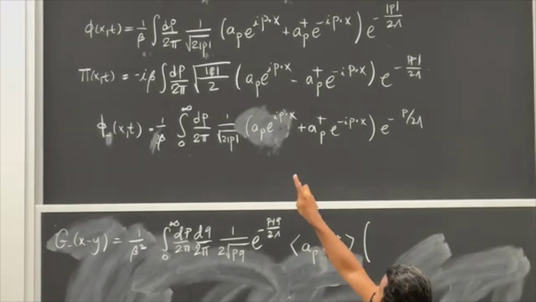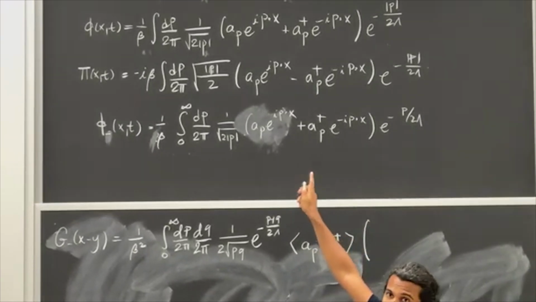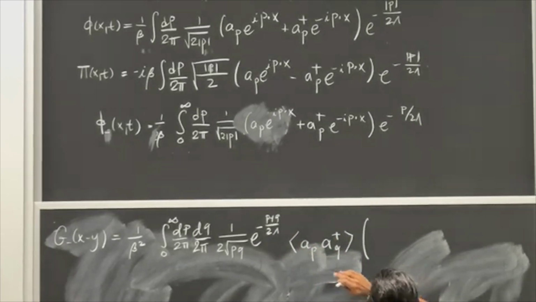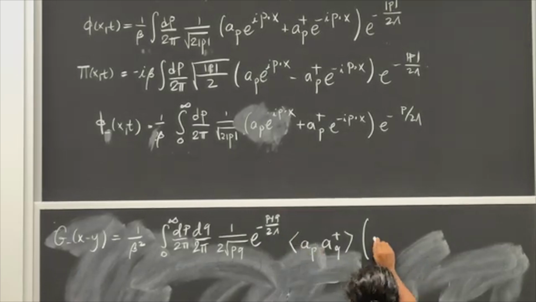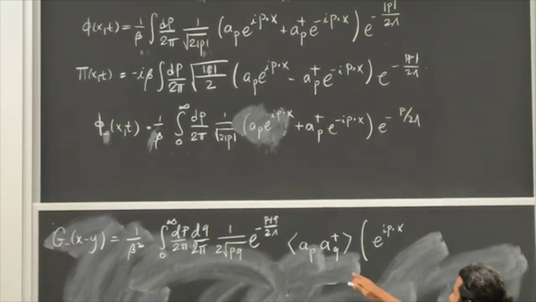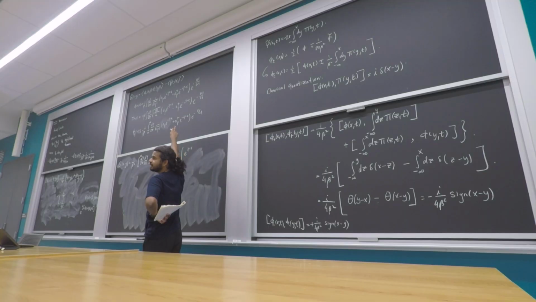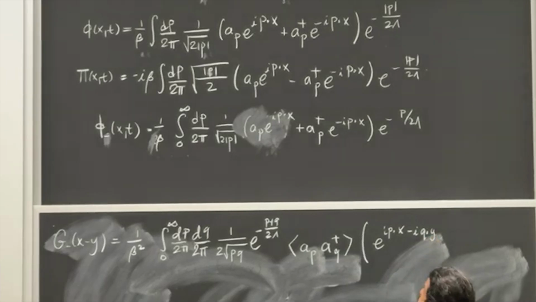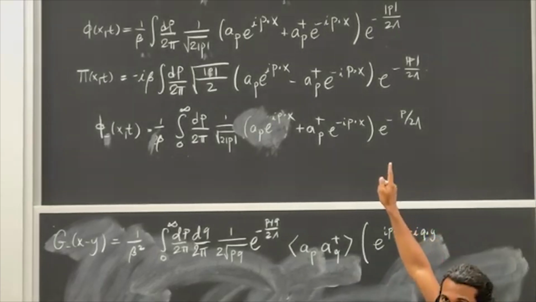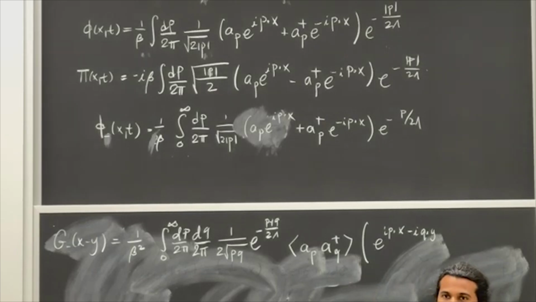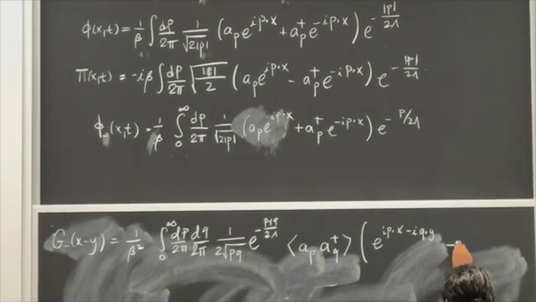Now from the phi minus x, phi minus y part, A of P will contribute e to the iPx, and A dagger Q will contribute e to the minus iQy. And for the phi minus 0 squared expectation value, x and y are both 0, so it contributes e to the 0, which is 1.